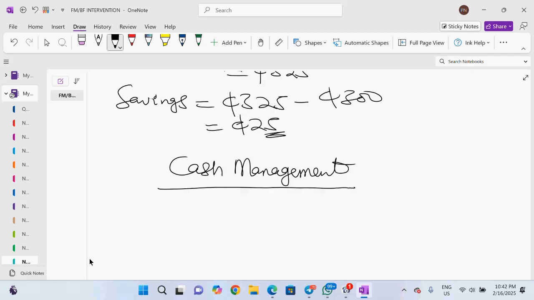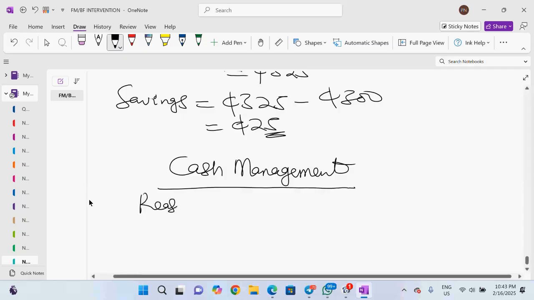You are losing some form of interest, when you could have invested that cash in short-term securities like T-bills. Therefore, there is the need for us to manage our cash.